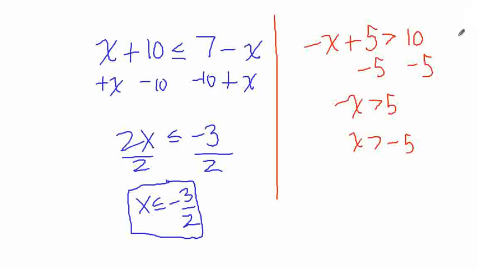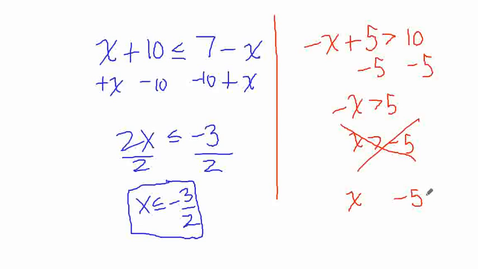Minus 0 plus 5 is not bigger than 10. So something went wrong. What went wrong was this here at the very end. Whenever you multiply or divide by a negative number, you need to change the inequality sign. So when I multiplied by minus 1, the minus x becomes an x, the 5 becomes a minus 5.